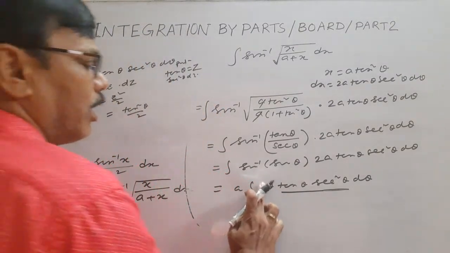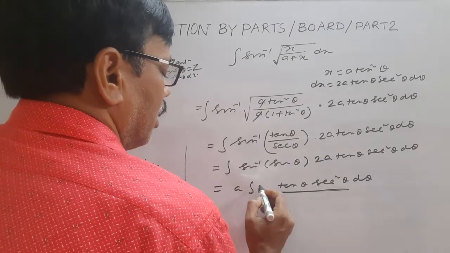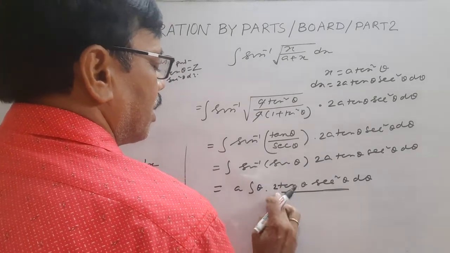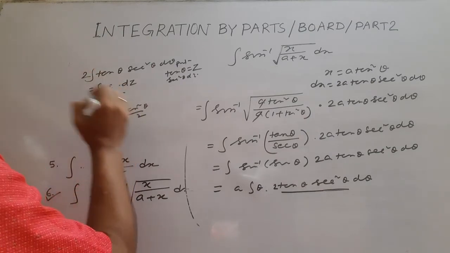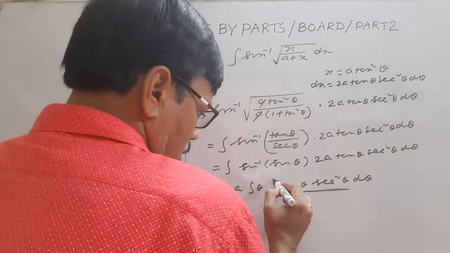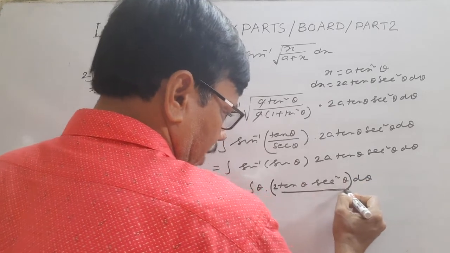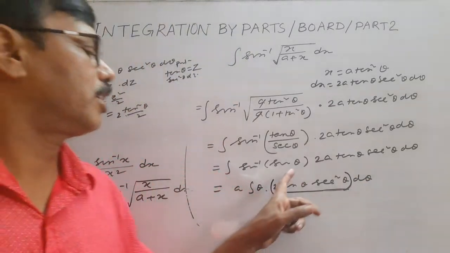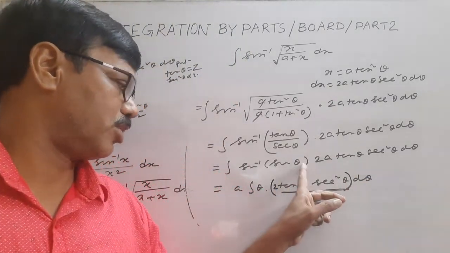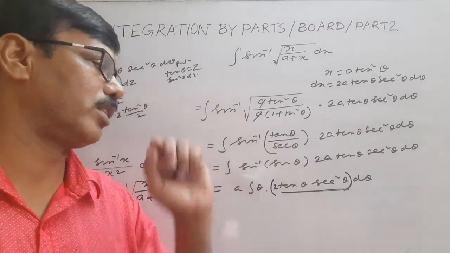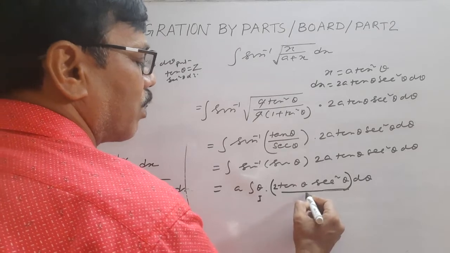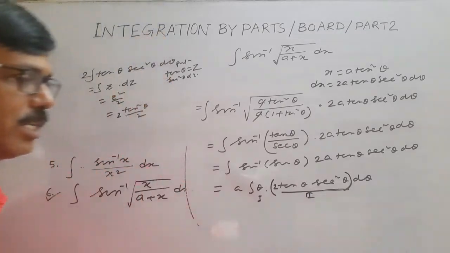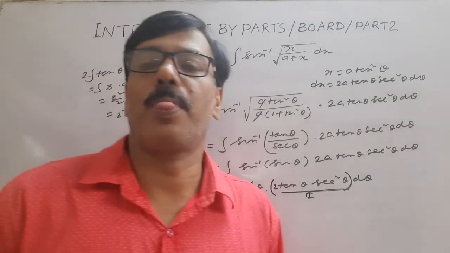If we take 2 here, then what is the integration of this part? This is tan square theta. So we know the integration of this part is 2z dz, z square, so tan square theta by 2. So this theta is the first function and this is the second function.